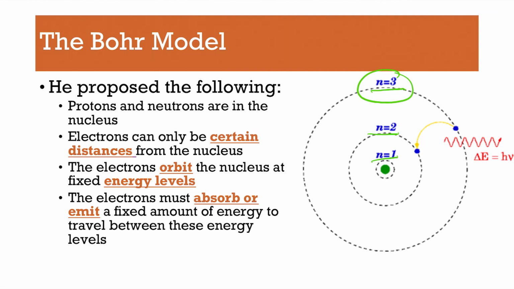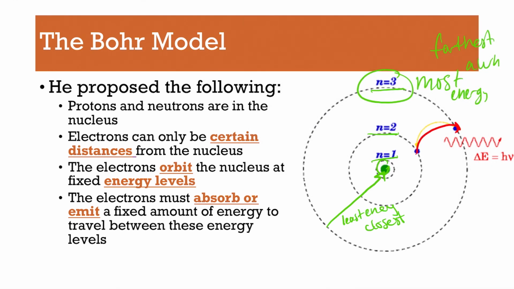Level 3 has, in this picture, the most energy, because it is the farthest away. And level 1 has the least amount of energy, and it is the closest. And again, these electrons can jump a level and fall back down if they get excited. And we're going to talk about what that means.